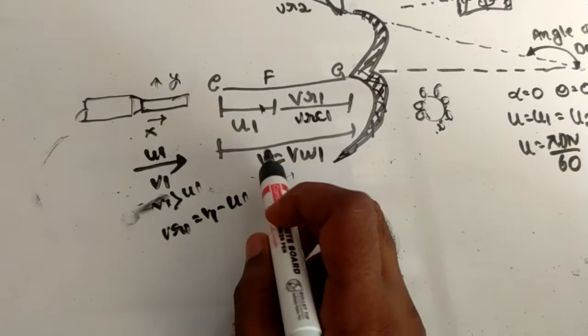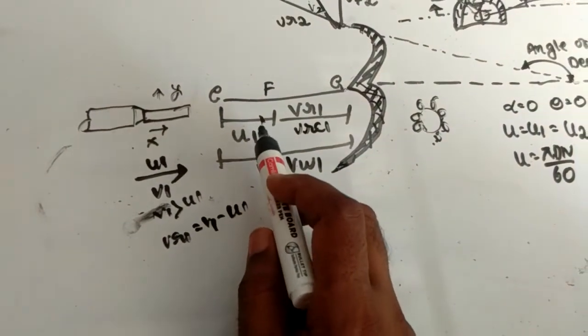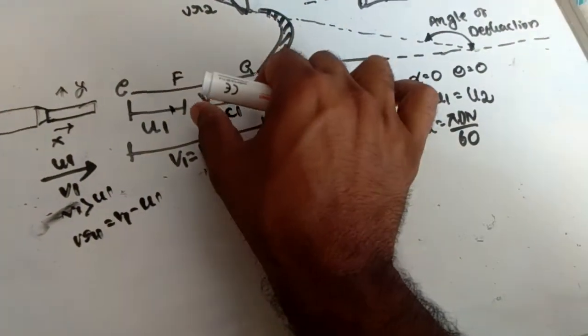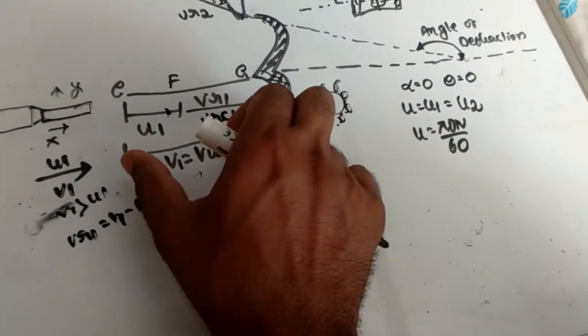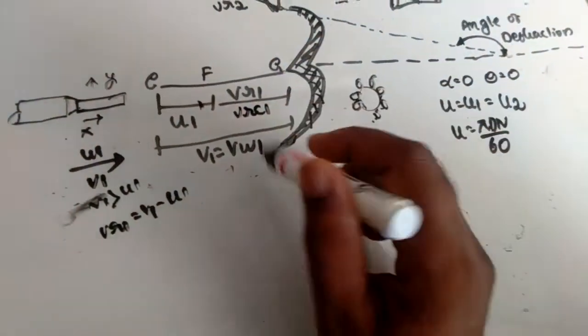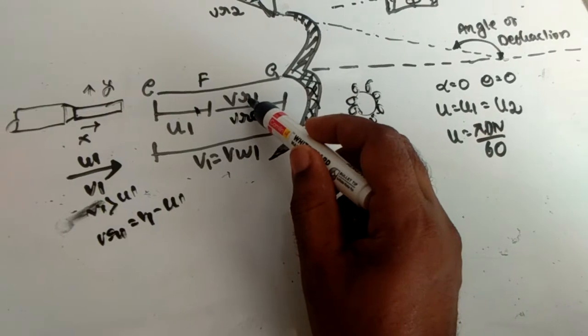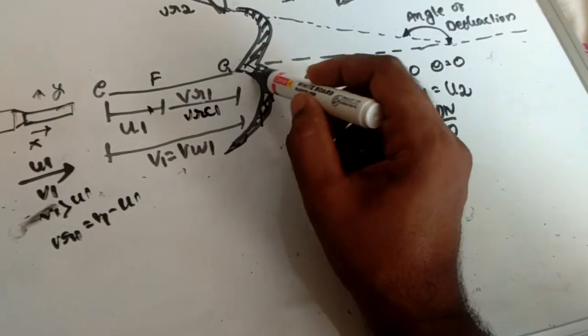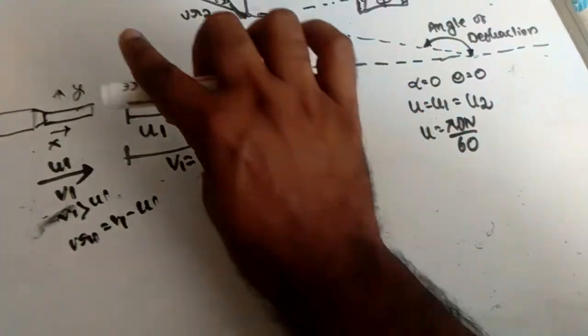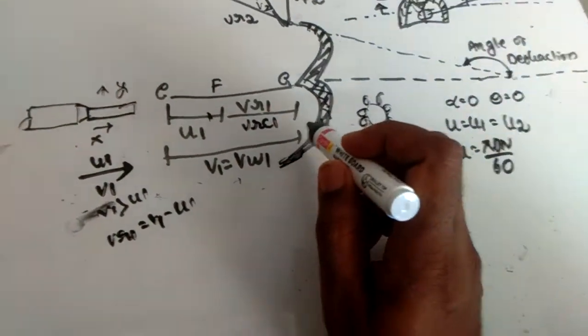This is the relative velocity, V1 minus u1. We won't get a tangential component here because the jet is striking the plate centrally.